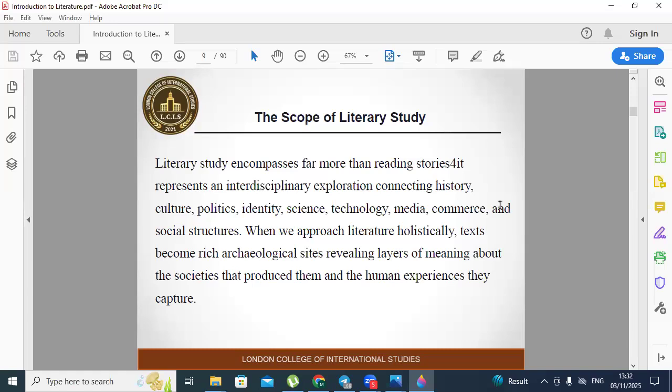When we approach literature historically, texts become rich archaeological sites. Just as archaeologists excavate layers of earth to understand past civilizations, we excavate layers of meaning in texts to understand the societies that produced them and the human experiences they capture. Literature isn't isolated.